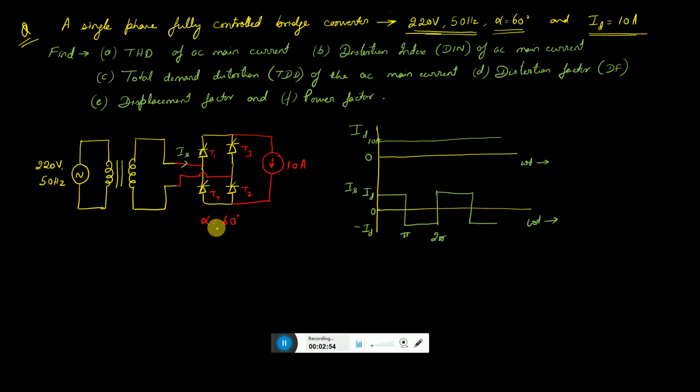Now since the firing angle alpha is 60 degrees, it will not be starting from 0; rather, this is pi and 2 pi, it will be starting at 60 degrees, the waveform will start at 60 degrees and again go back down and it will make the same pattern.